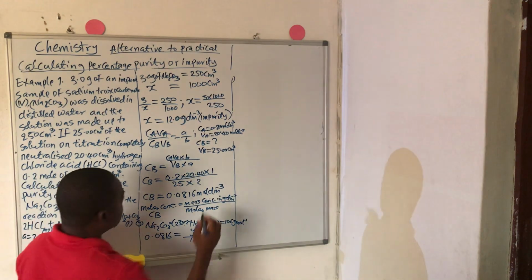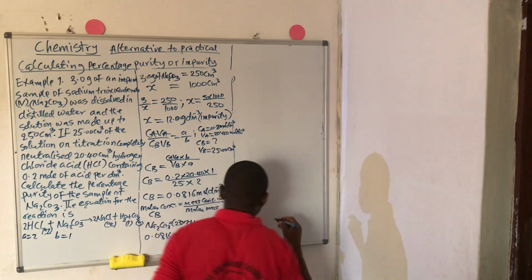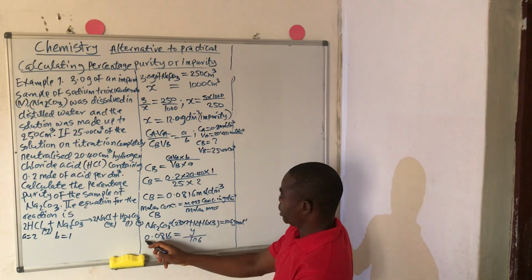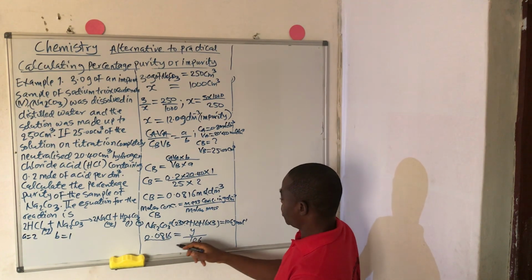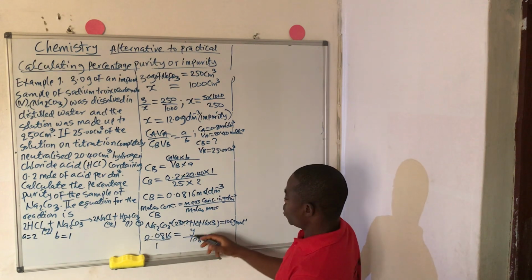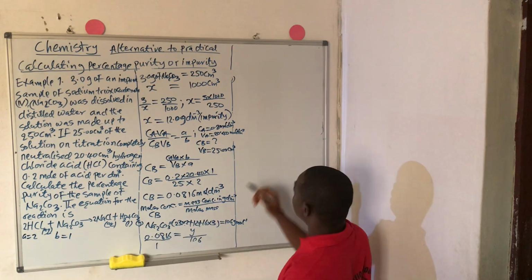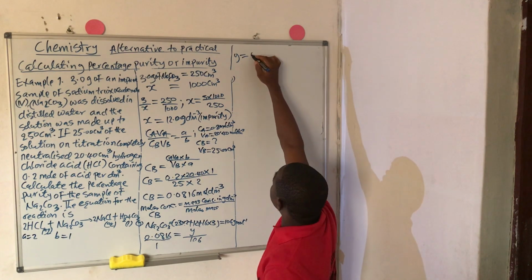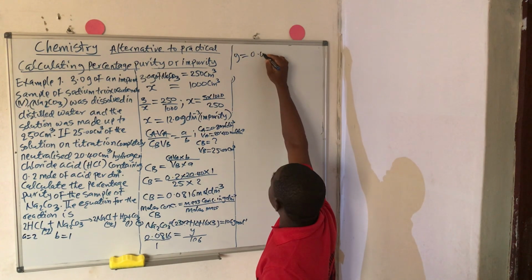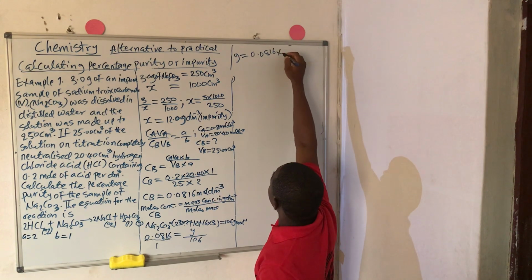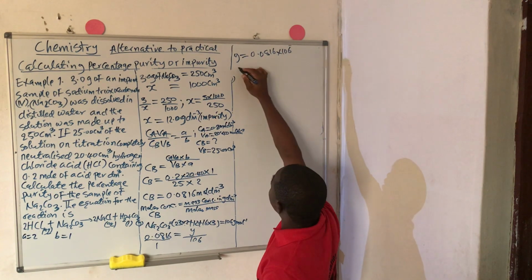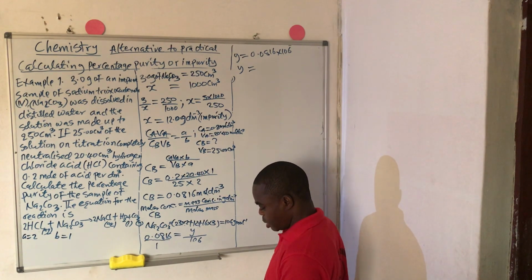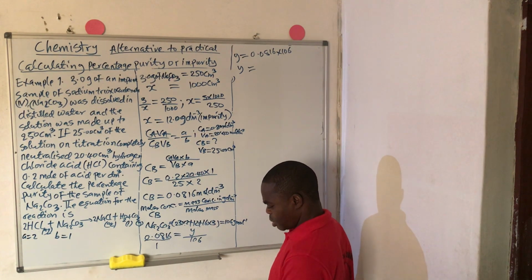So to conclude the matter, by cross multiplication, Y will go here and this one will come here. Y is equal to 0.0816 multiplied by 106.